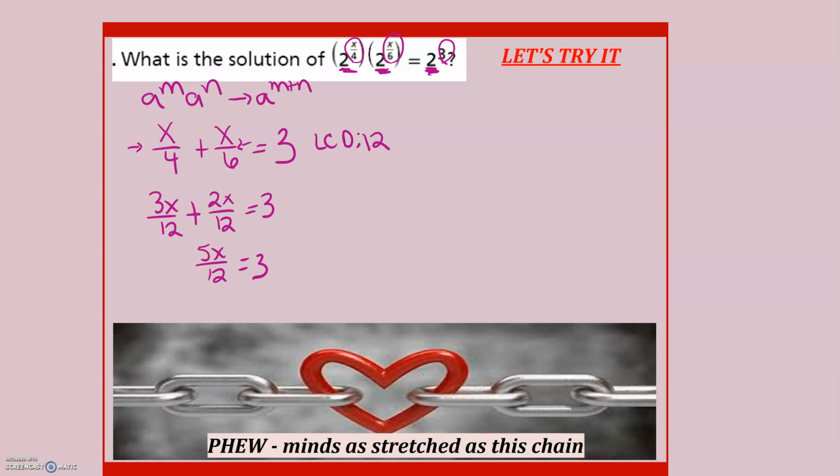Now in the example above, what they did was they multiplied by the reciprocal. Sometimes when I'm panicked, that's too much work, so I'm going to do the inverse operations one step at a time. I'm going to take care of this denominator first, and the opposite of dividing by 12 is multiplying by 12.